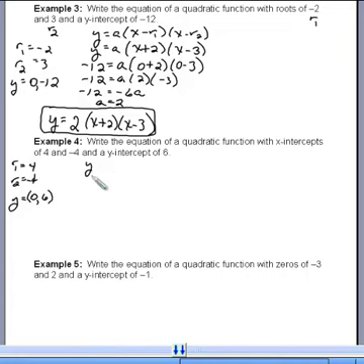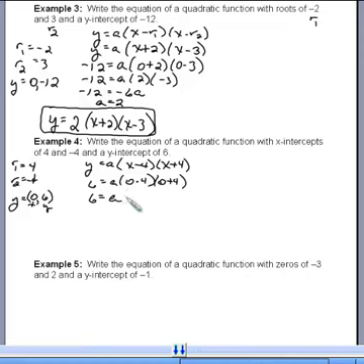We have y is equal to a times x minus 4 times x minus a negative 4, so that'll be x plus 4. Now we're going to substitute this in for our x and our y. So we have negative 6 equals a times 0 minus 4 times 0 plus 4. And negative 6 is equal to a times negative 16.